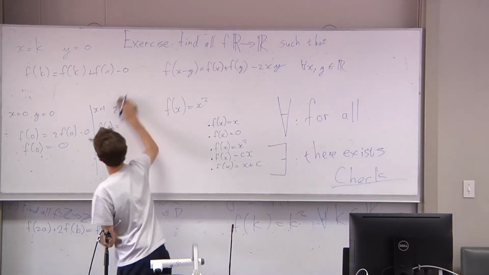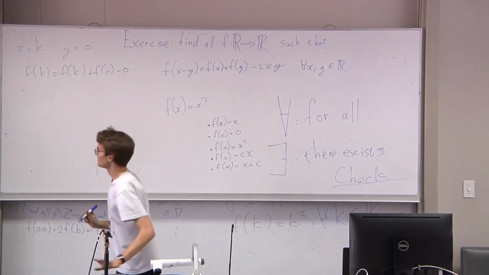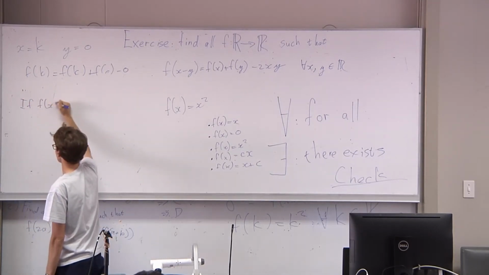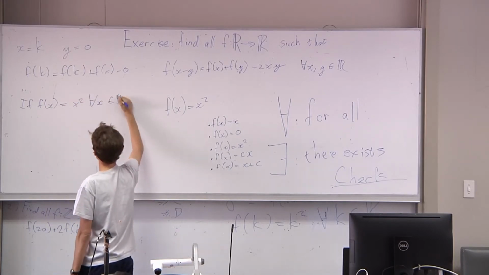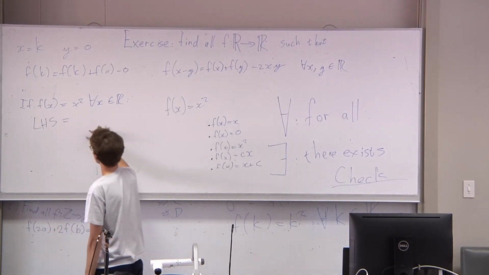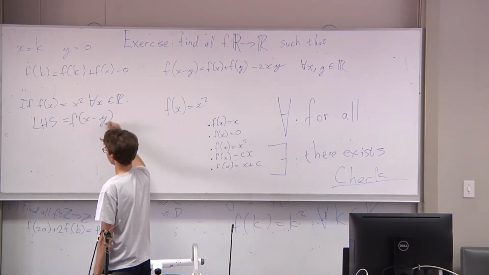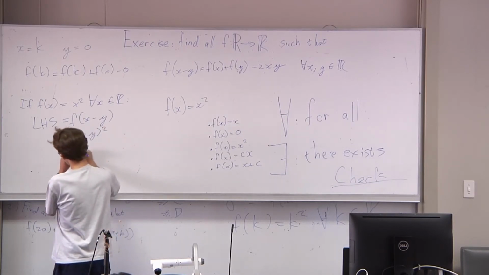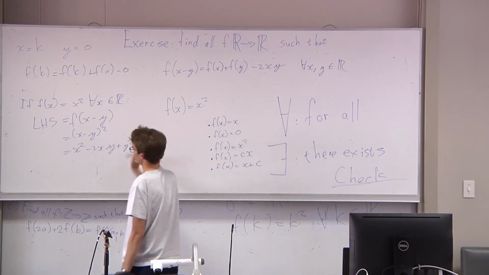You say if f of x is equal to x squared for all x elements of the reals, then the left-hand side is equal to f of x minus y, which we're saying is (x minus y) squared, which is x squared minus 2xy plus y squared.